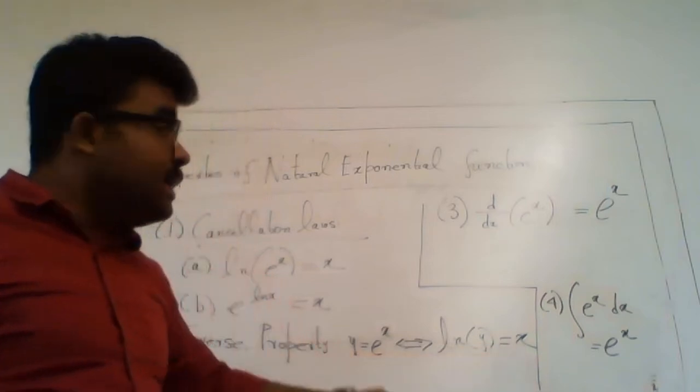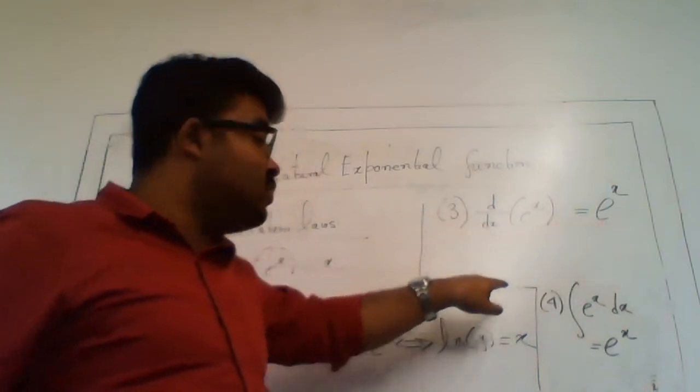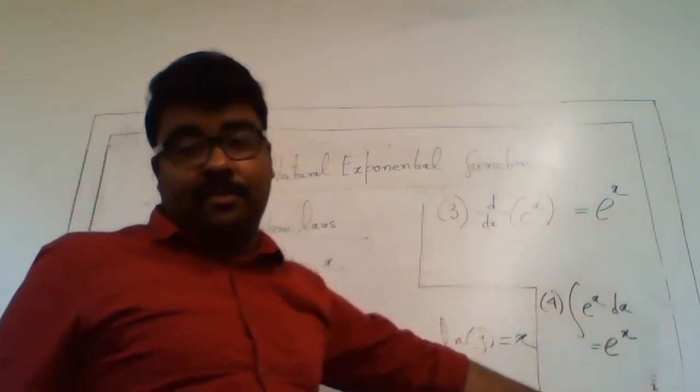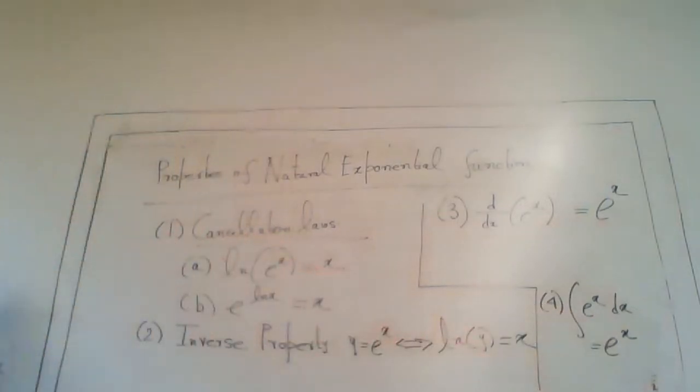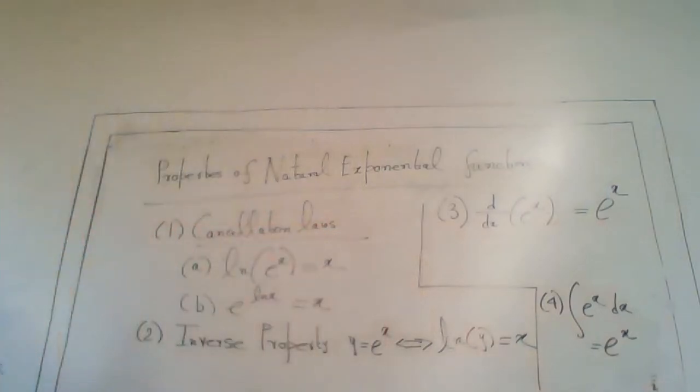Third property: the derivative of e to the power x is e to the power x. Fourth property: the integral of e to the power x is e to the power x. So these are the four properties of e to the power x, the natural exponential function, which we will use to solve the problems. Let's now go straight to the problems.